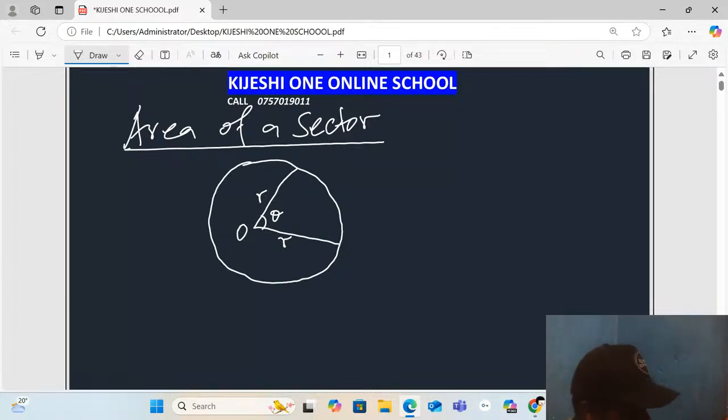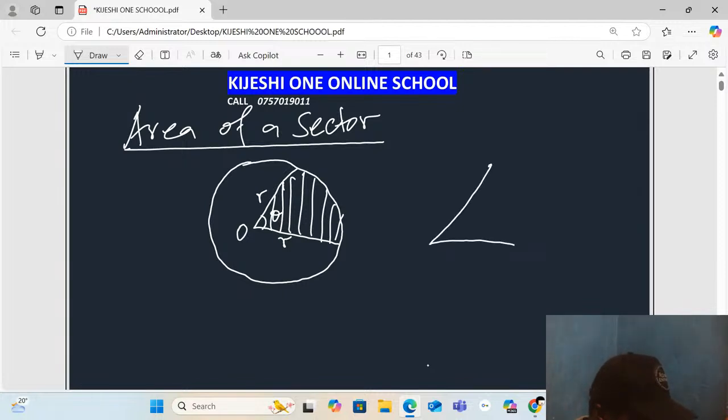So a sector is this part of a circle that I'm going to shade, this shaded part of a circle. Now this is what we call a sector. This is theta, this is R.